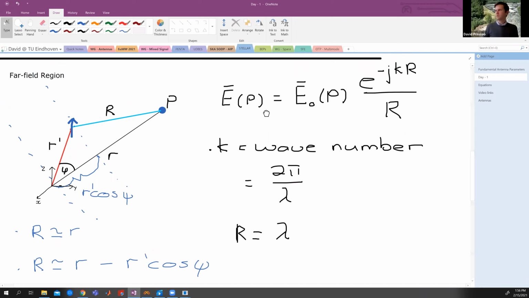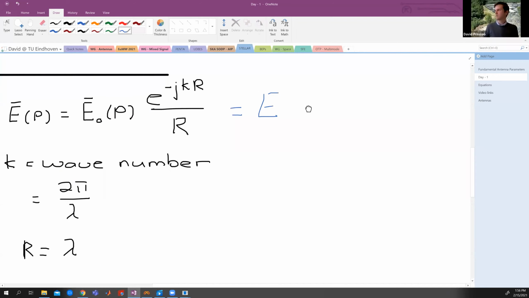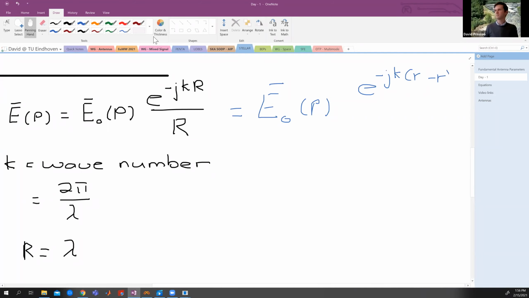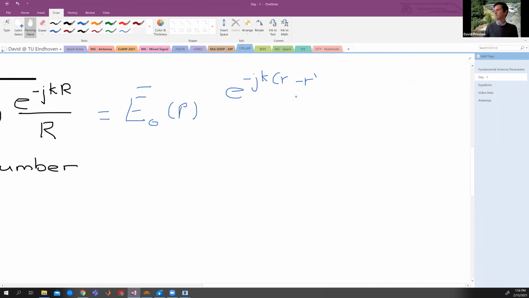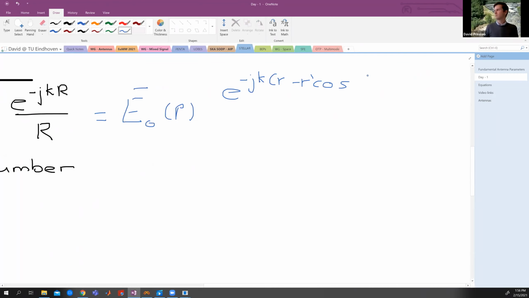In the far field, implemented mathematically, we have that in terms of phase, we compensate for the difference, and in terms of magnitude, I hope you can still see this if I zoom out a bit.